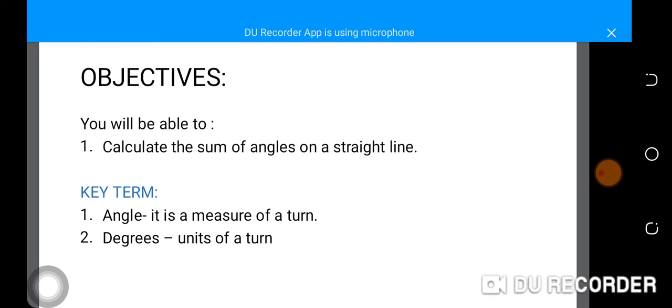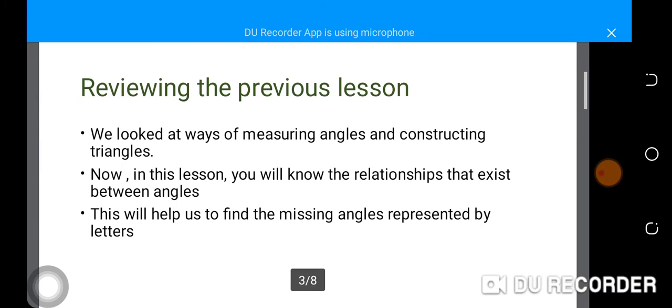The second one is degrees. These are units of a turn, units of a corner. We learned this in class. In our last lesson we looked at ways of measuring angles and constructing triangles. We used rulers to measure or draw lines, and protractors or compasses to draw triangles.